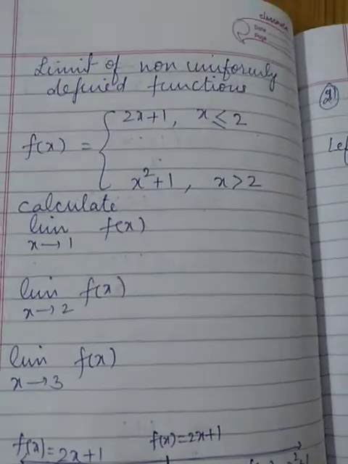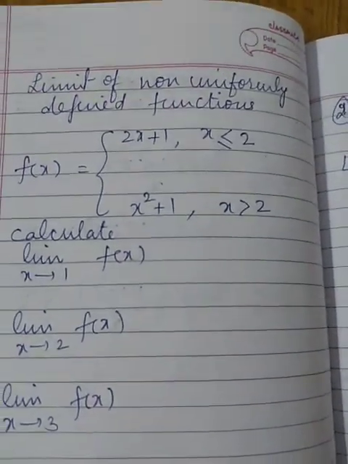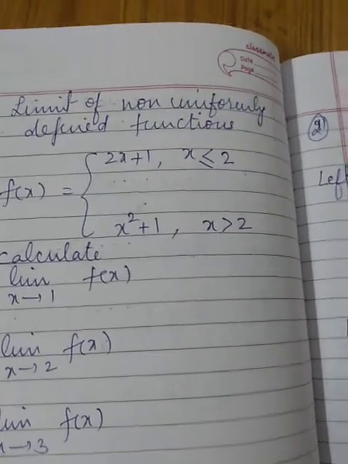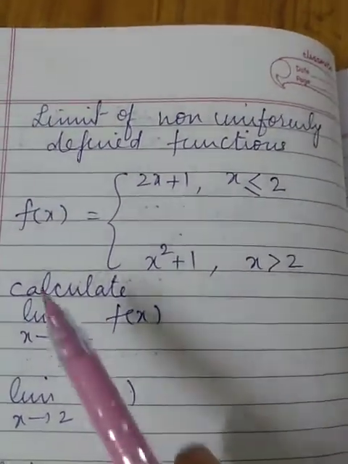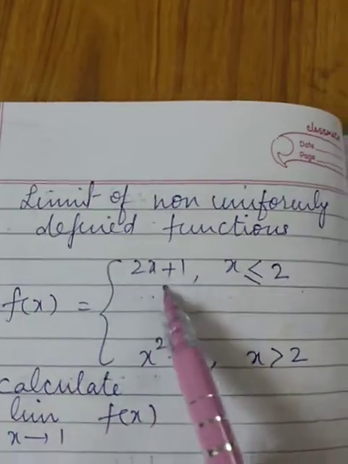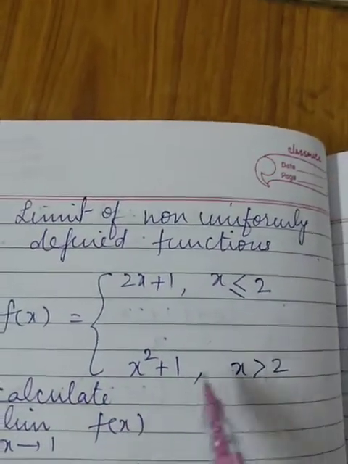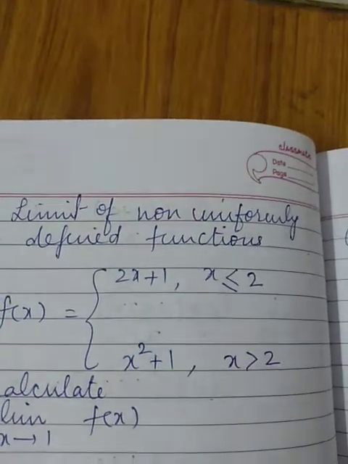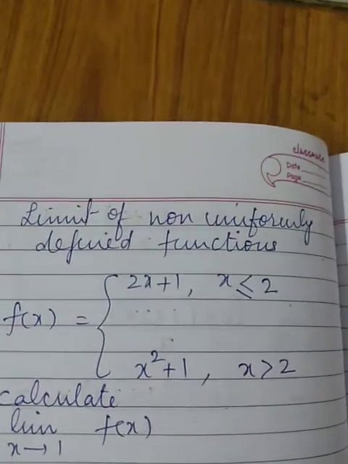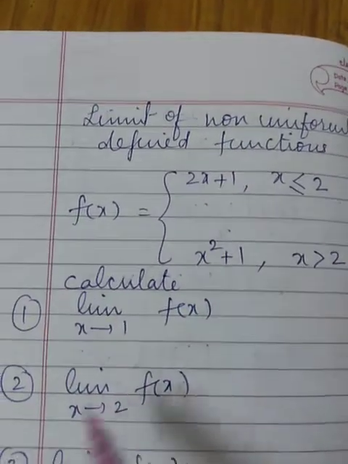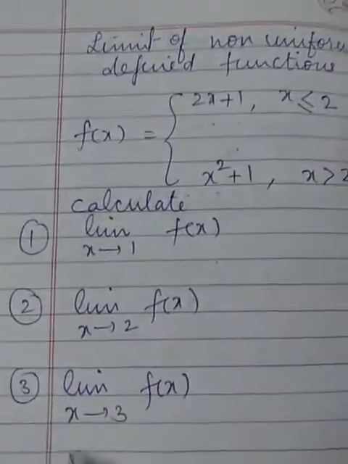Now the last part is limit of non-uniform functions, which are functions that are not uniform on the number line. We write such functions like this: f(x) equals 2x plus 1 when the values are less than or equal to 2, and x square plus 1 when the values are greater than 2. Now what we want to calculate: limit x tending to 1 of f(x), x tending to 2 of f(x), and x tending to 3 of f(x).